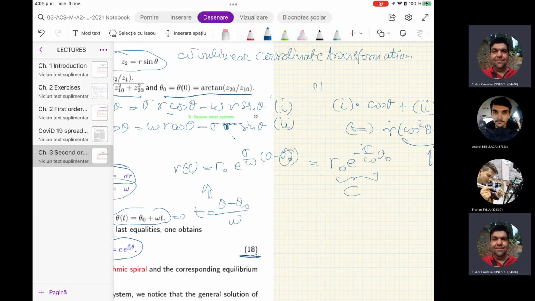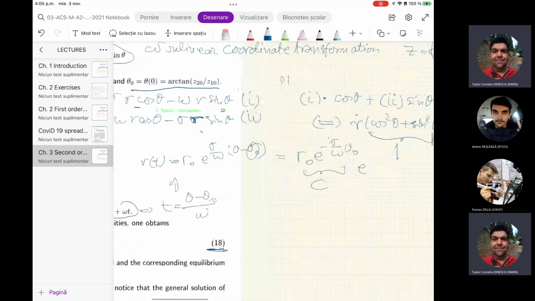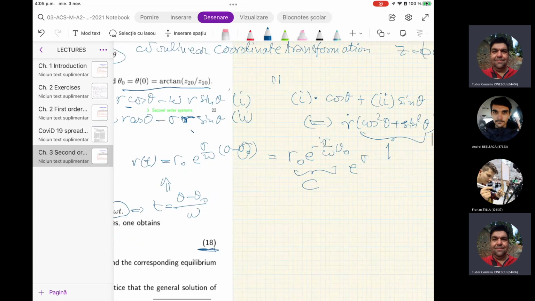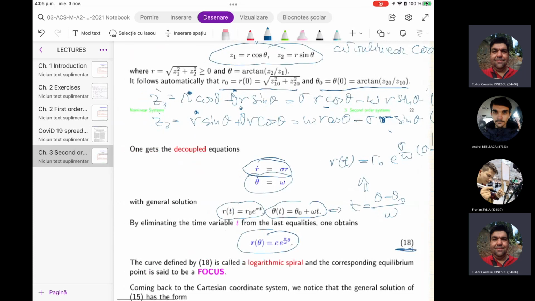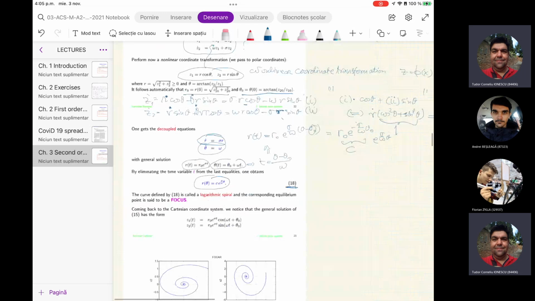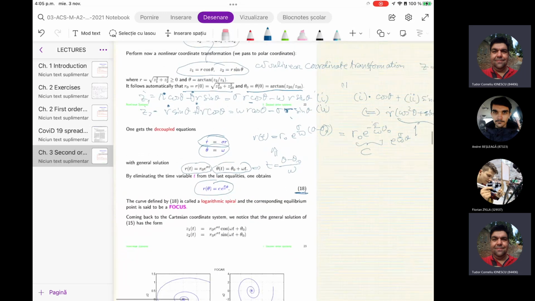So this is the constant c, times exponential of sigma over omega theta. Okay, now it's clear. So you get this variation for your radius, for your radial coordinate.